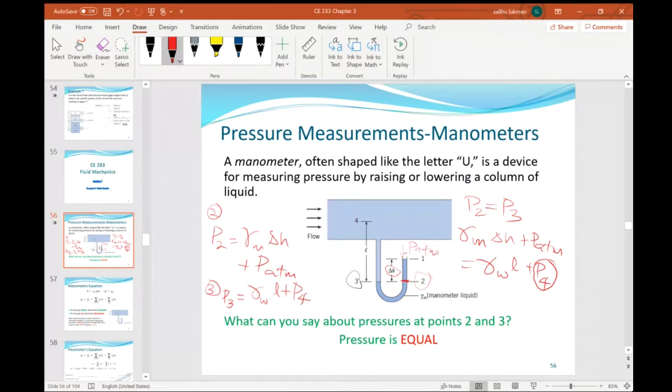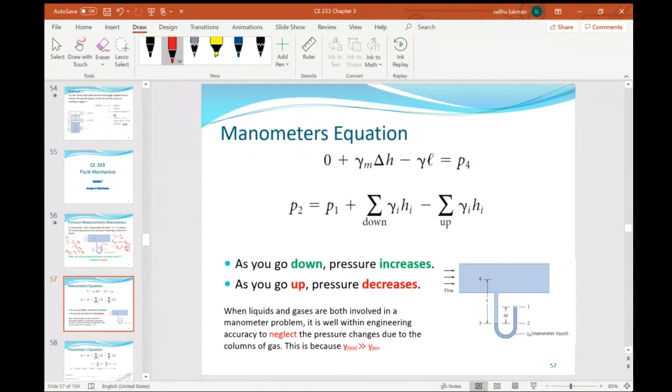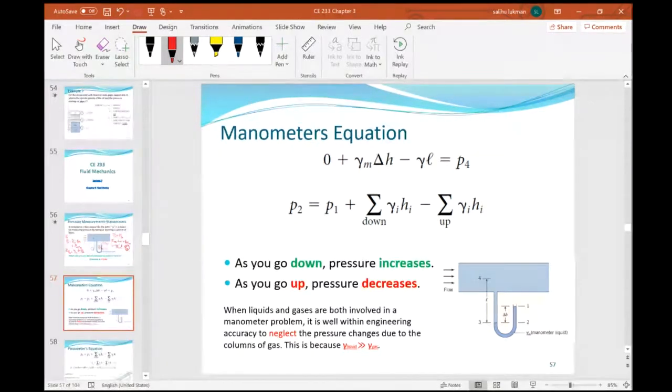Okay, so now let's move on to the next slide: the manometer equation. This is exactly what I did in the previous slide. We write the manometer equation, taking the atmospheric pressure to be 0.